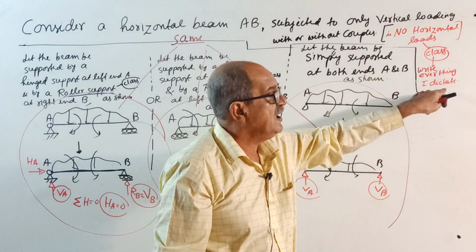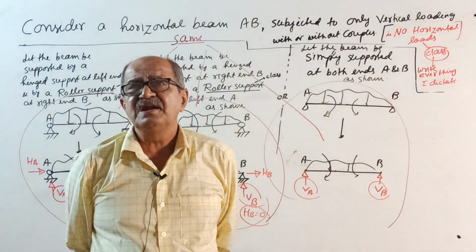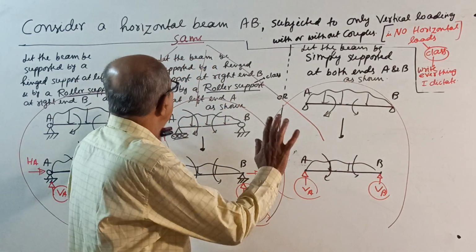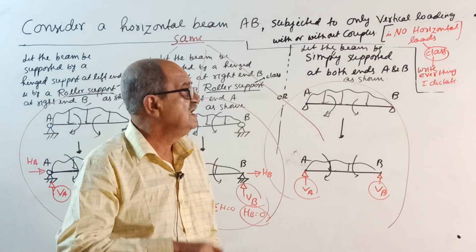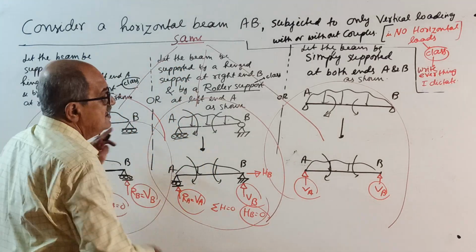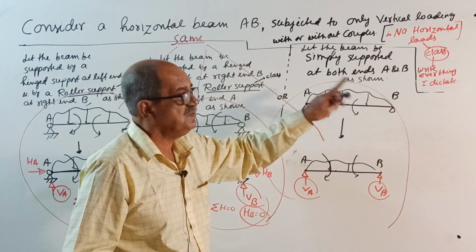That is what you require for SFD, BMD and later in many structural analysis problems. So make this note. When I start my example, in one question I will put hinge and roller. From the next question onwards, I will write simply supported beam. I will always show this beam.